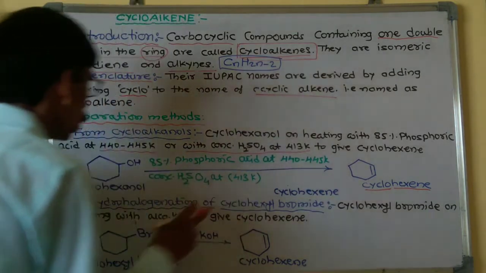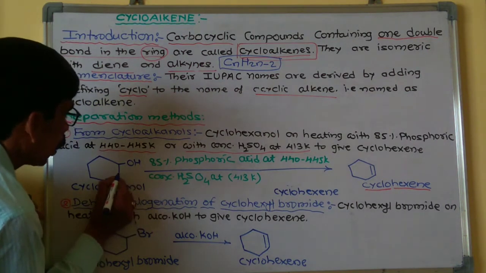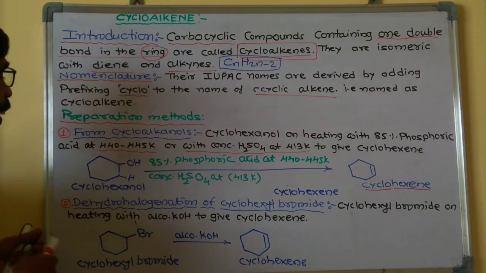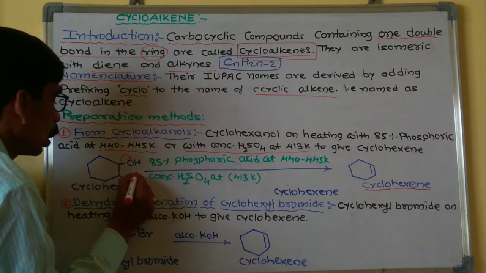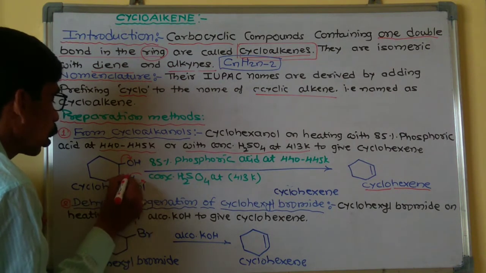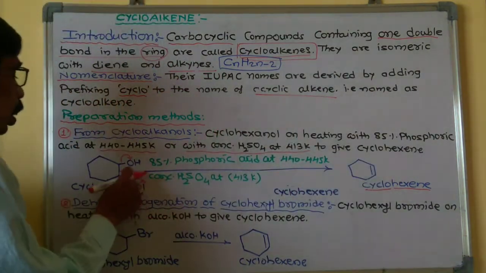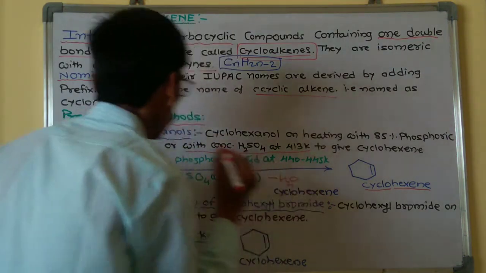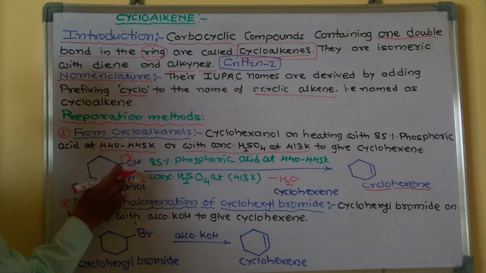413 Kelvin eliminates a water molecule. How does it eliminate the water molecule? From the adjacent carbon there is an H, and there is the removal of this H. This bond is transferred: OH minus and this H plus combine, minus H2O, and the bond between carbon and hydrogen is transferred in between these two carbons.